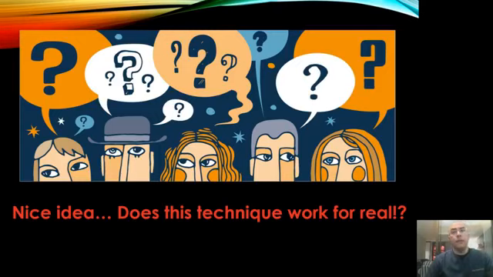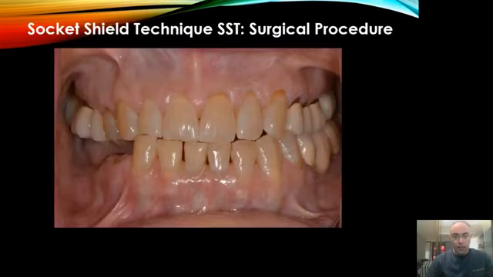A lot of people will hear this for the first time in this presentation, and I'm sure many people know exactly what I'm talking about. And I have a growing number of friends, implantologists and dentists all over the world, who have already tried the technique. So let's talk in a little more detail about the socket shield technique.